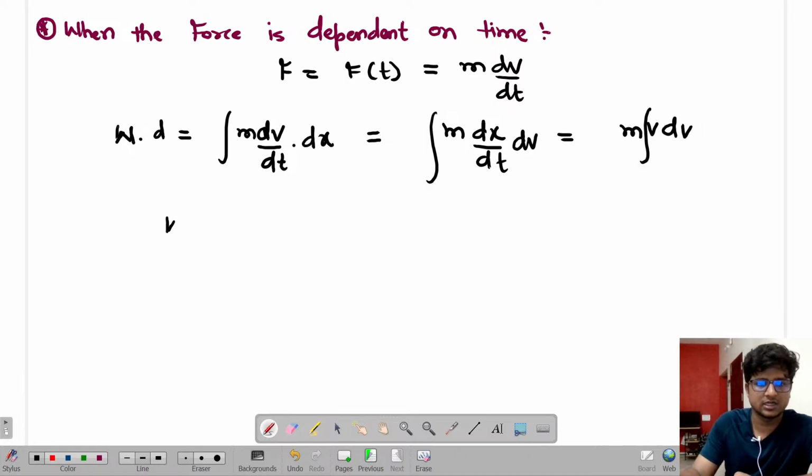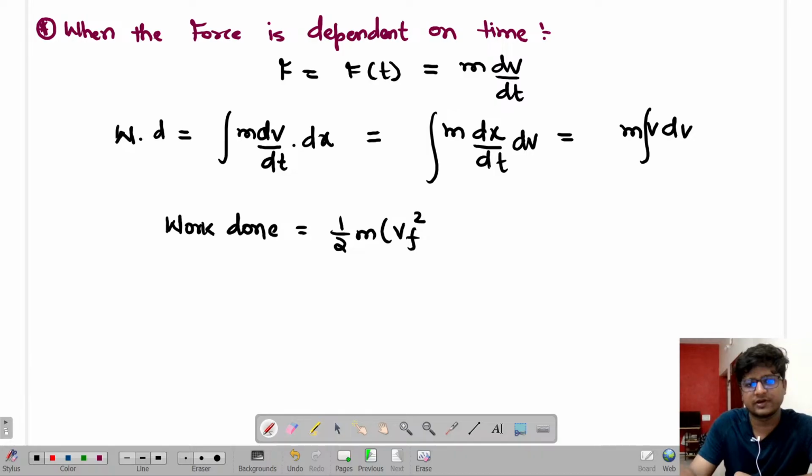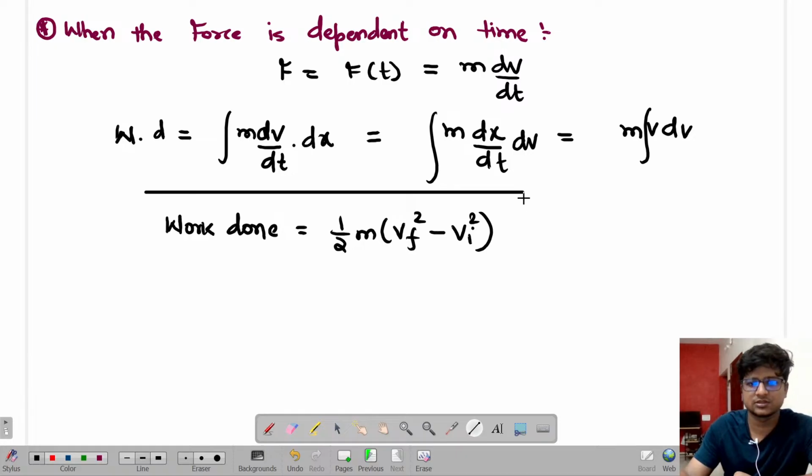And what I found out is that work done is also equal to half m (v final square minus v initial square). Basically this is also called the change in kinetic energy. Now let me have a clear meaning of this.